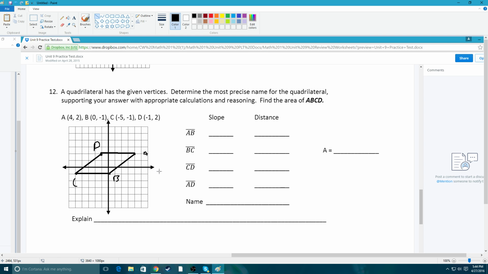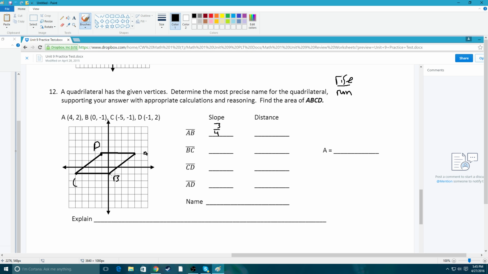Okay. It's like a parallelogram. So let's find the slope first. Slope of AB. For slope, you can just use rise over run. So from A to B or B to A, you go up 1, 2, 3, right? 1, 2, 3, 4. So that's up 3 over 4.